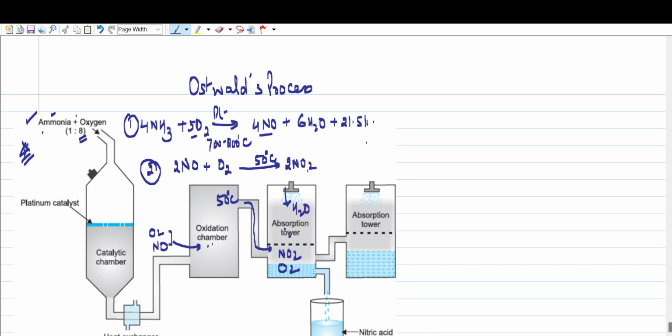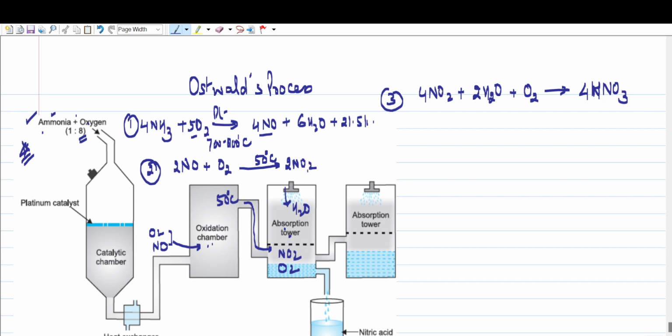So in the third step, 4 nitrogen dioxide, 2 molecules of water, 1 molecule of oxygen form 4 nitric acid molecules. And this nitric acid is then collected.